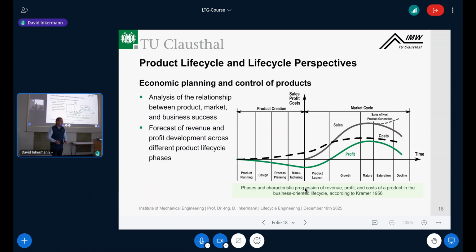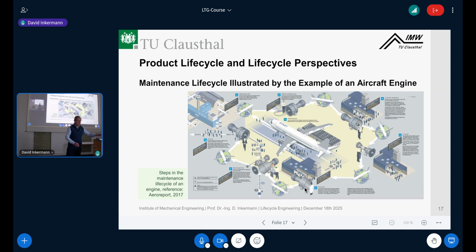If we go back to this engine example, here we have for sure very high investment costs, and that is a reason why it is needed to run the engine over a longer time and drive this extensive maintenance life cycle. And this might be different for other products.